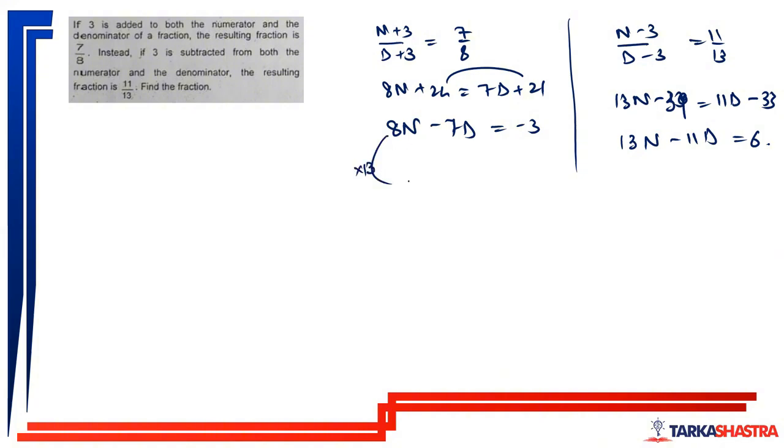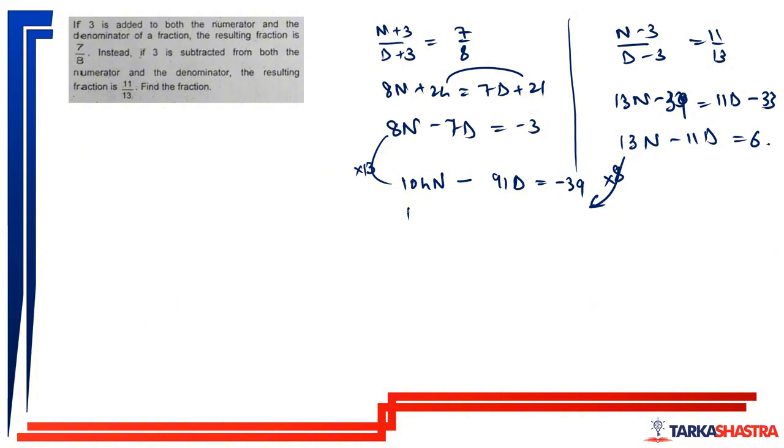13 into 8 is how much? 104n minus 13 into 7 is 91d, and this is minus 39. Multiplying this equation by 8, what will I get? The coefficient of n will get equated.